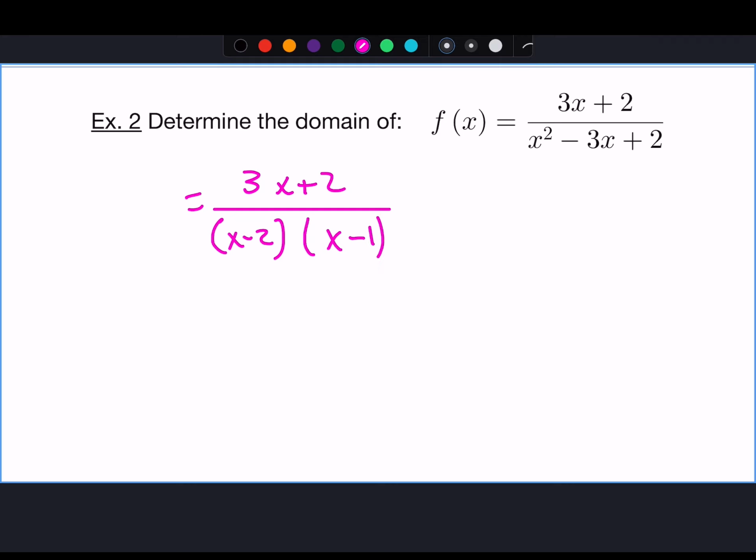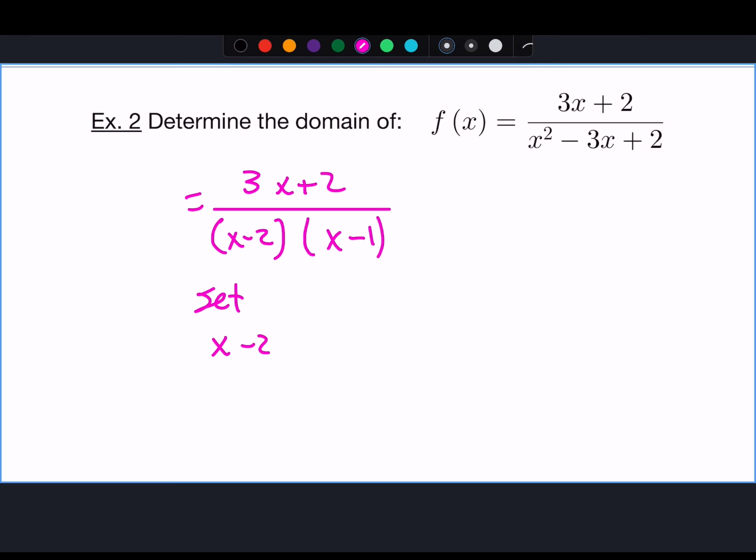So the only thing that can cause this denominator to be 0 would be what? 2 or 1.